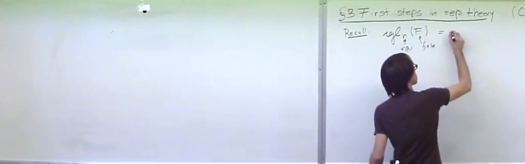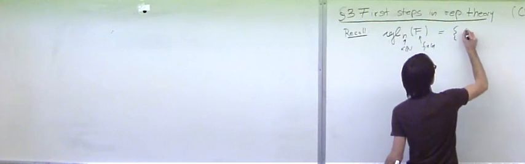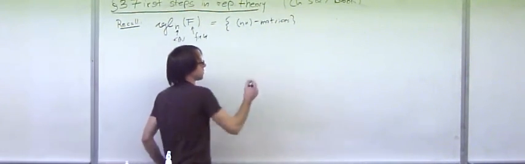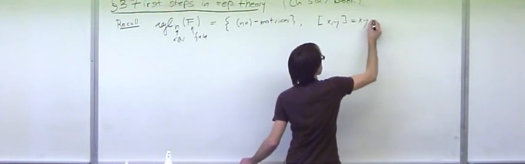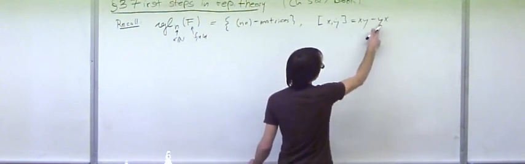So this is the set of n by n matrices with coefficients in the field, and the bracket operation is given by xy minus yx, where this is the usual matrix multiplication, the implied product here.